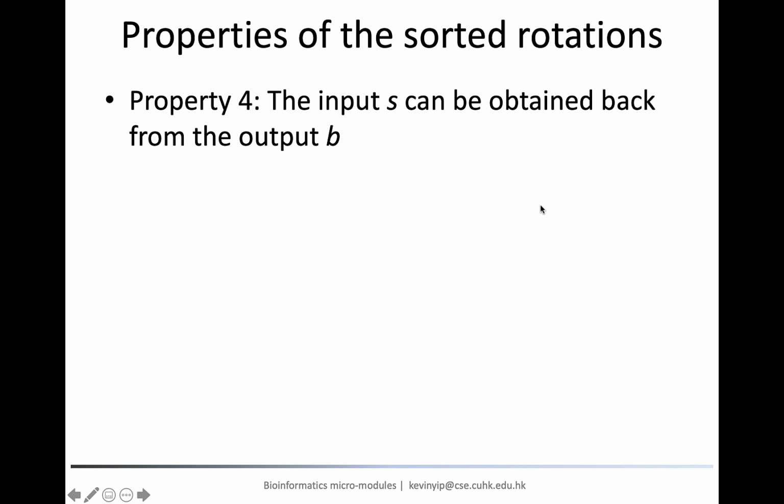And when such an S exists, is there always only one S that produces B by applying BWT to it? Although we are not going to give a formal proof here, as we discuss a conceptual method for getting S from B in a moment, we will see that if B is indeed the BWT of a certain sequence, we can always get back that sequence uniquely from B.